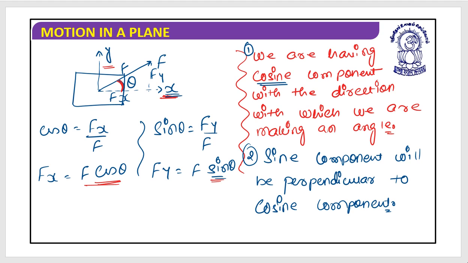So once this is Fx, this must be Fy, and these two are perpendicular to each other. I hope this is clear.